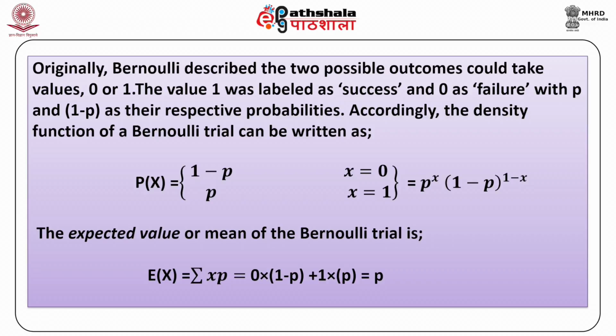In the current example this will be equal to 0 into 1 minus p, where 0 is the value of x and 1 minus p is the corresponding probability, plus 1 into p, where 1 is again the value of x, because x takes two values 0 and 1, and the corresponding probabilities are 1 minus p and p. So if you multiply 0 with 1 minus p and 1 with p, the expected value comes out to be equal to p.